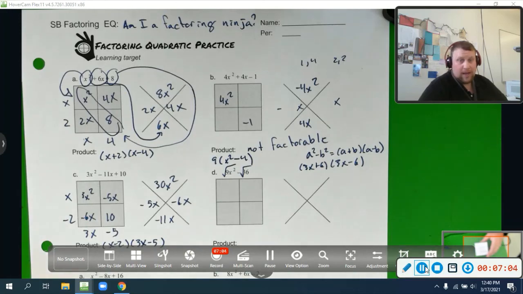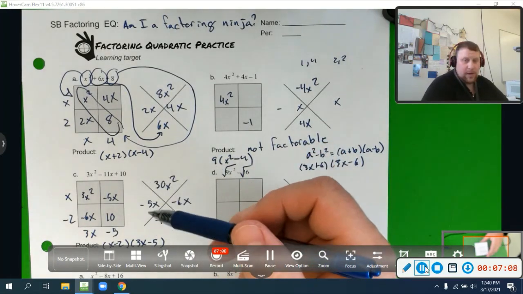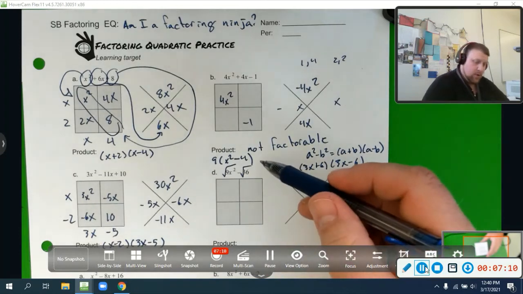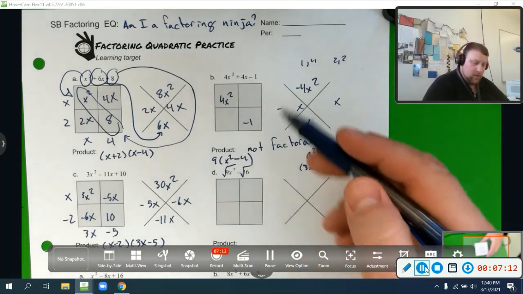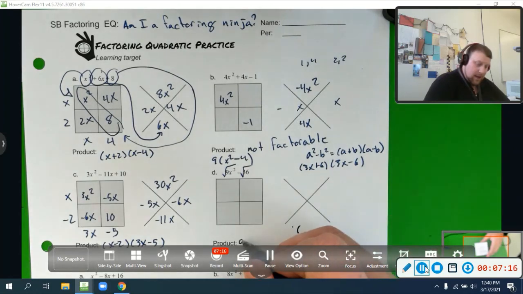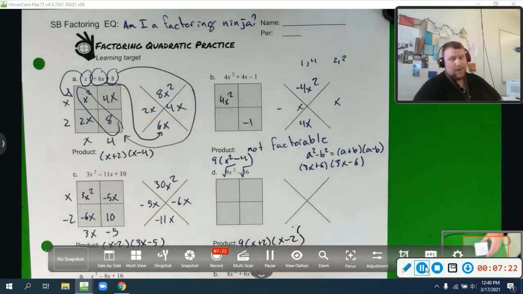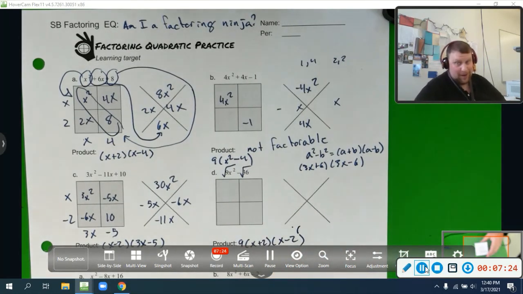Because when I divide 9 by 9, it leaves a 1, x squared. And when I divide 36 by 9, it leaves a 4. So x squared minus 4 is going to end up being 9 times x plus 2 times x minus 2. If you don't believe me, go ahead, rewrite it, factor it out if you need to. But this is what it is using the shortcut.